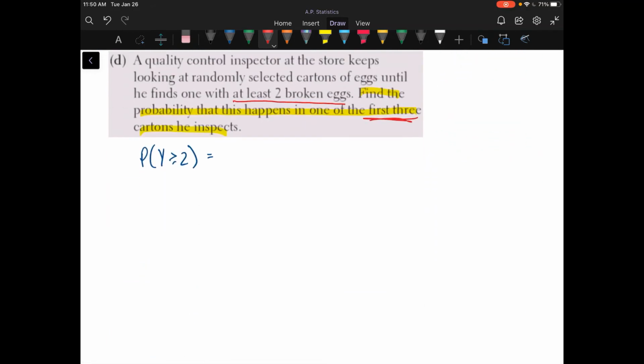Alright, and in this case we're going to consider that a success. Alright, so this means the probability of selecting a carton with at least 2 broken eggs is about 11%. Alright, so we'll use a p equal to 0.11.